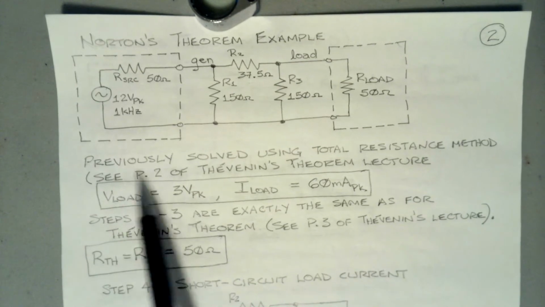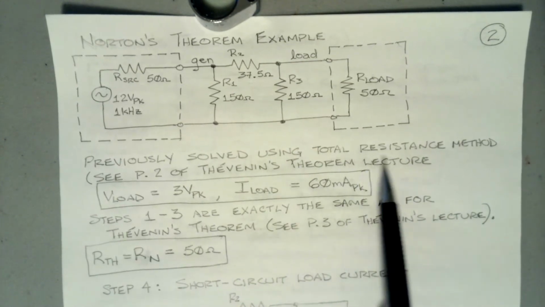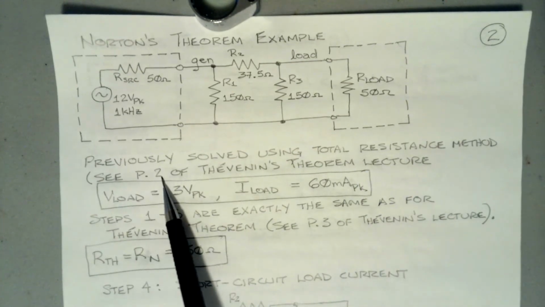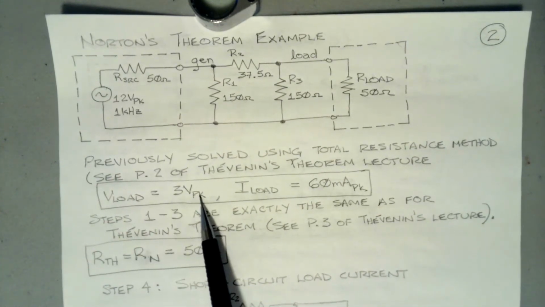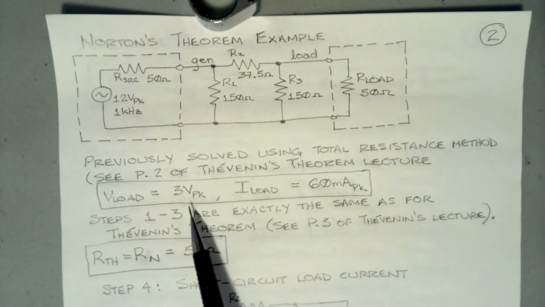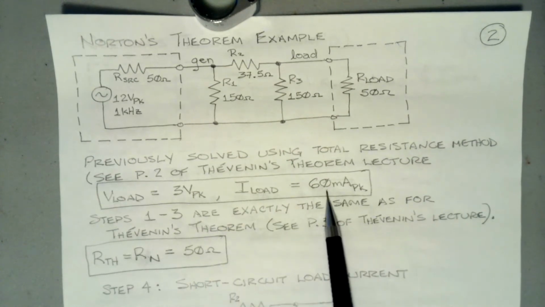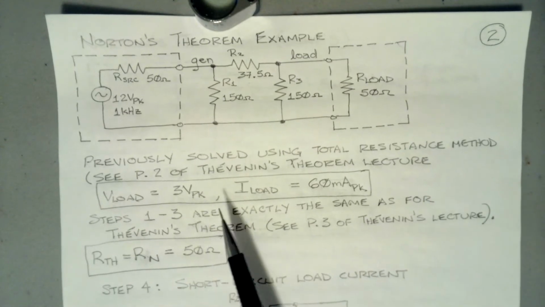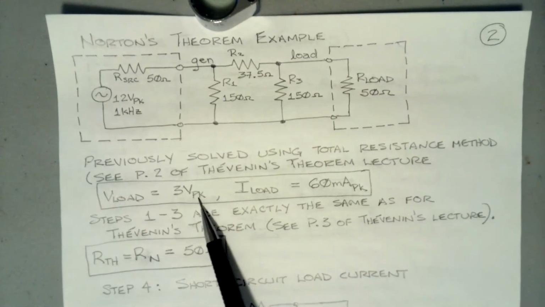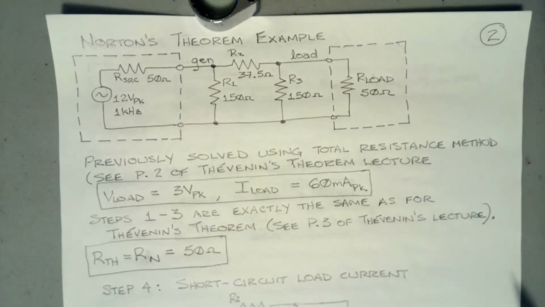We previously solved this circuit using a total resistance method on page 2 of the Thevenin's theorem lecture, and we got 3 volts peak at the load and a load current of 60 milliamps peak. I said peak to peak, I meant to say peak.